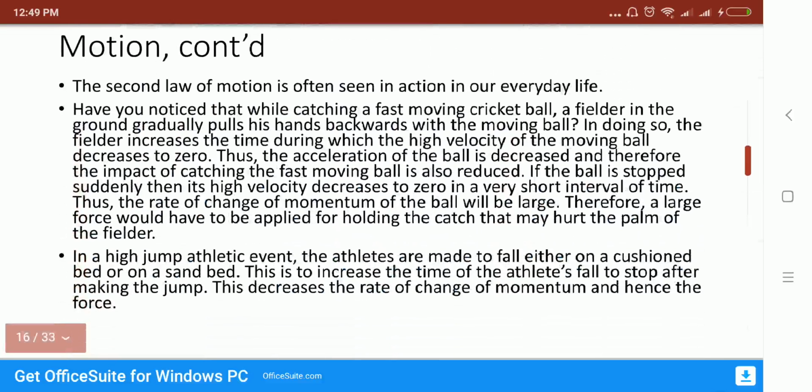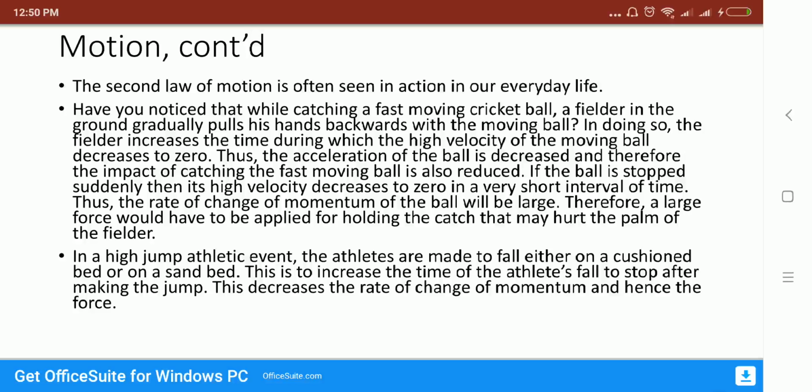Here we can also define it with a number of experiences we have in our daily life around us. For example, in a cricket match, a fielder towards whom a ball is coming tries to catch this particular ball.